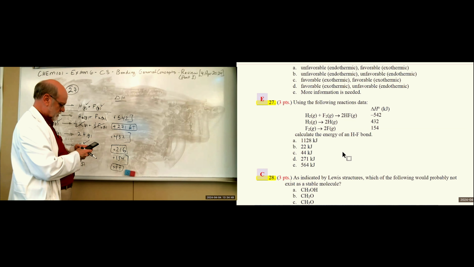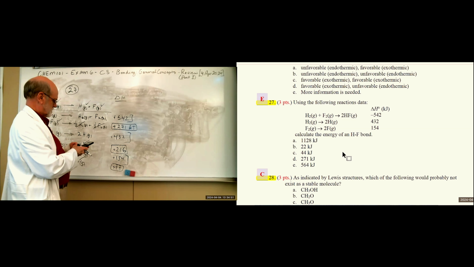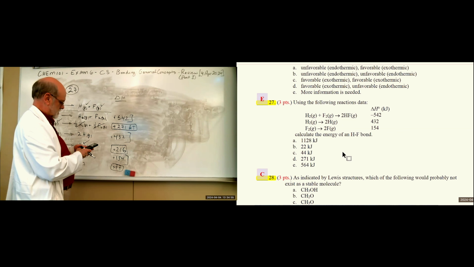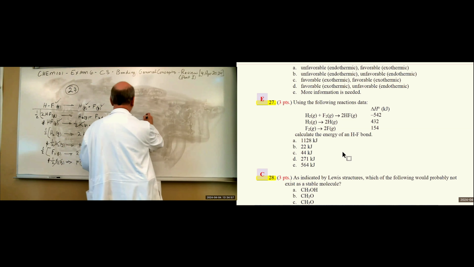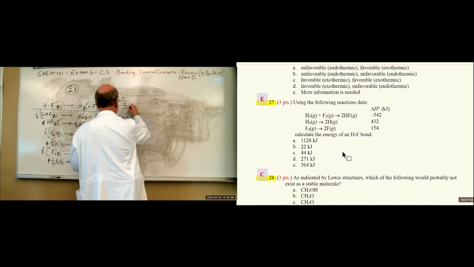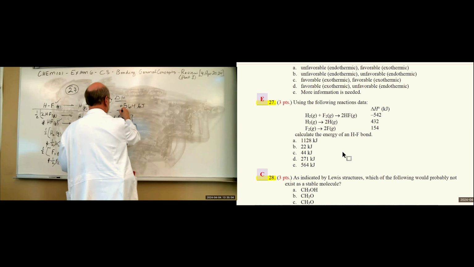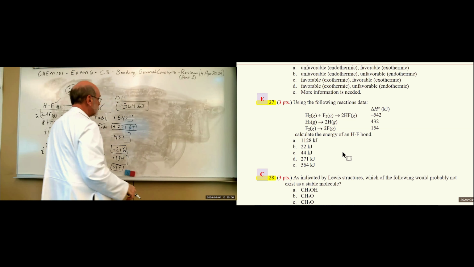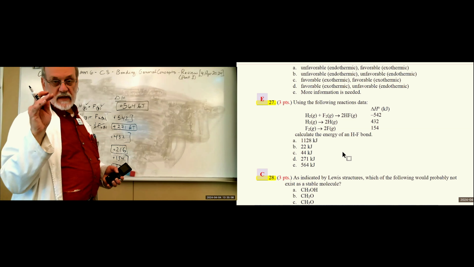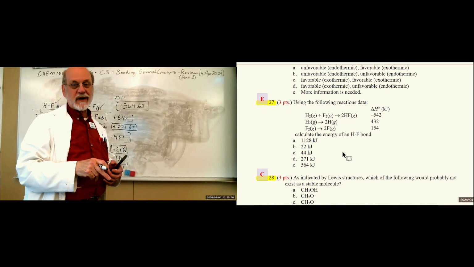Y'all remember Hess's law, don't you? Fondly, I hope. 564. 564 kilojoules should be the energy of an HF bond.